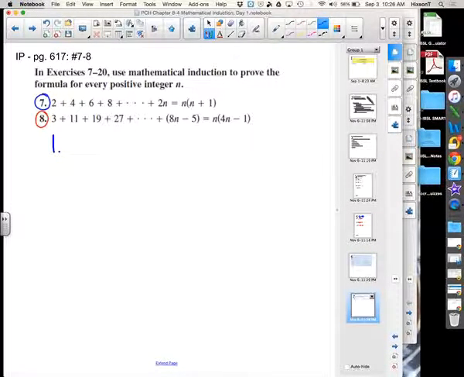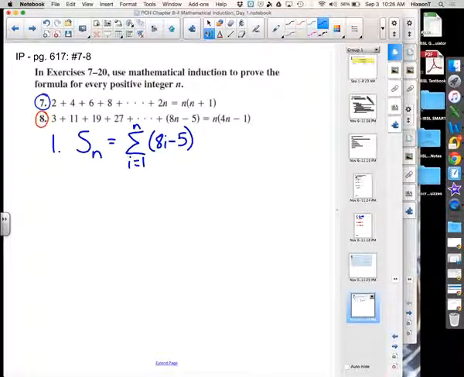Another thing that might help with number 8 would be to write it in terms of either the partial sum notation, S sub n, or in sigma notation: the sum from i equals 1 to n of just this last part here, 8i minus 5.